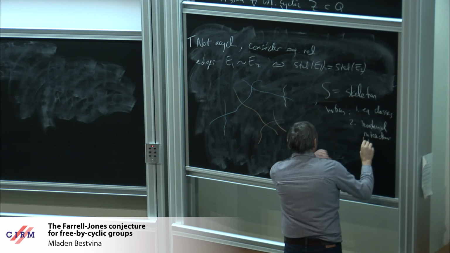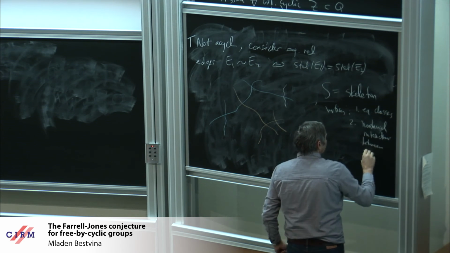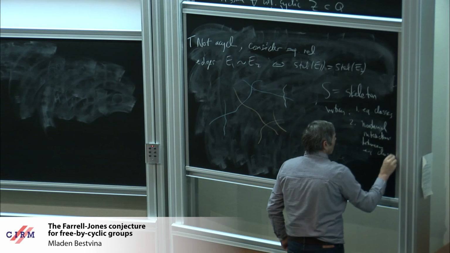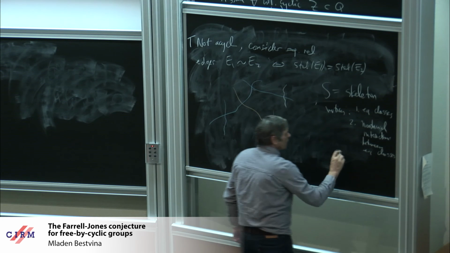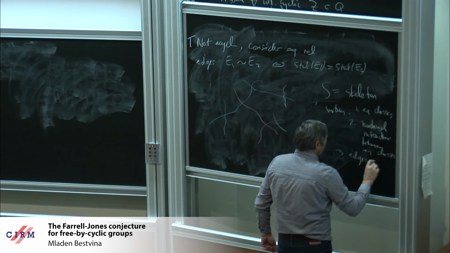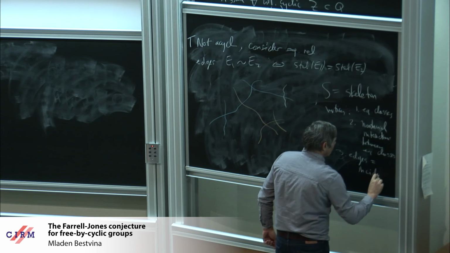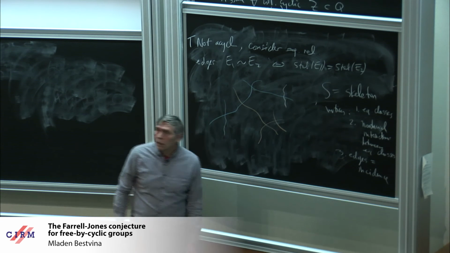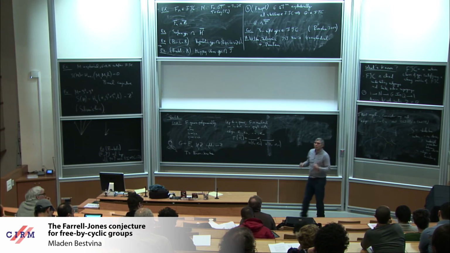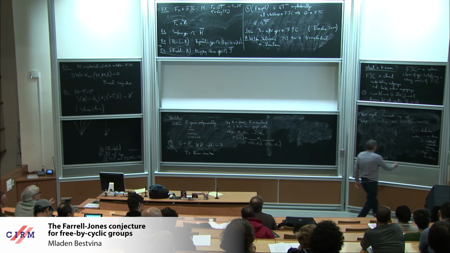And then edges are incidences. So that turns out to be a tree, and the action on that tree is acylindrical.